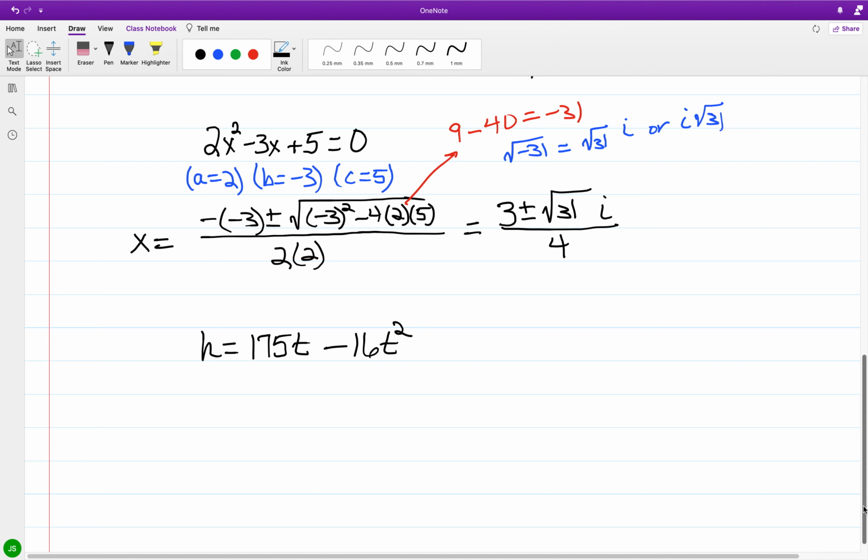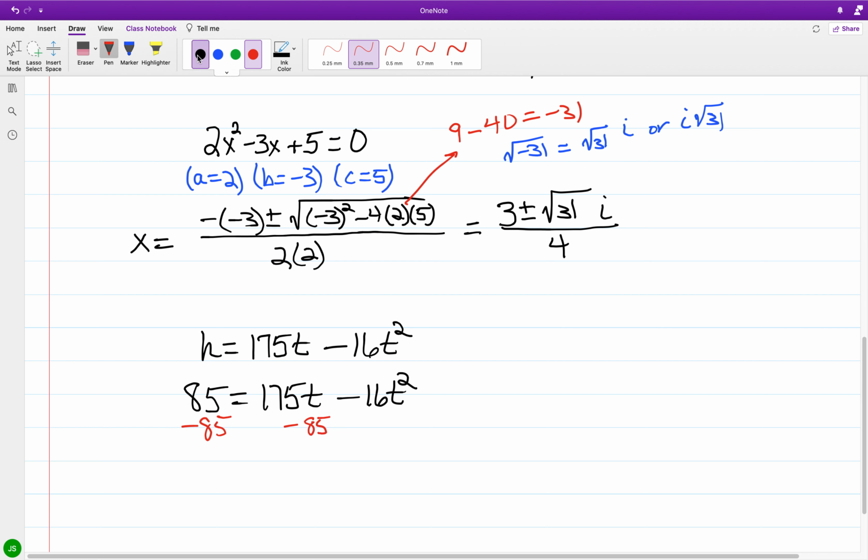Okay, so for the formula, we have h is equal to 175t minus 16t squared, and we're looking at the times upon which the height is going to be at 85 feet. So we have 85 is equal to 175t minus 16t squared. What you can do is move the 85 over and shuffle things around.